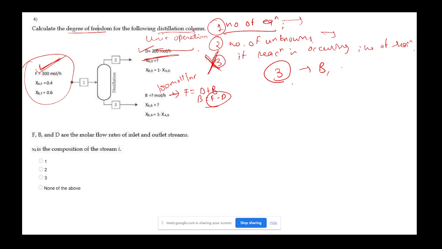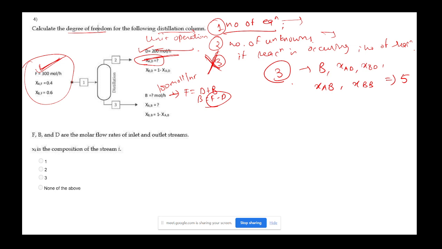Then you have XAD. Now, if you know XAD, then you have XBD. Then you have XAB, then you have XBB. So let's say you have 5 unknowns.